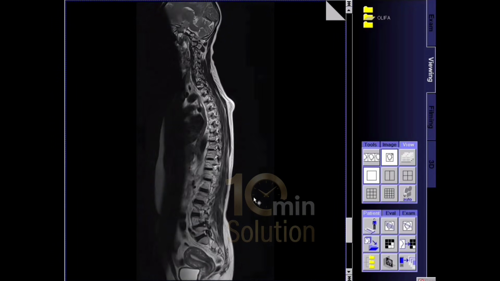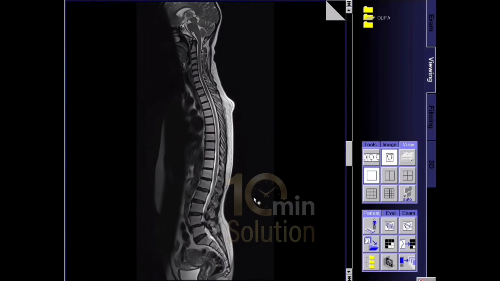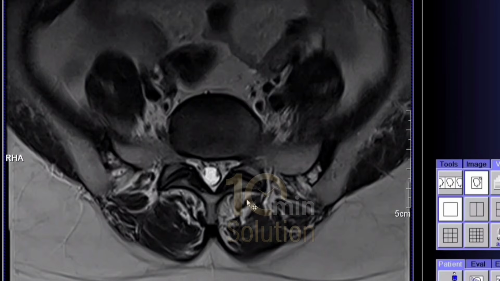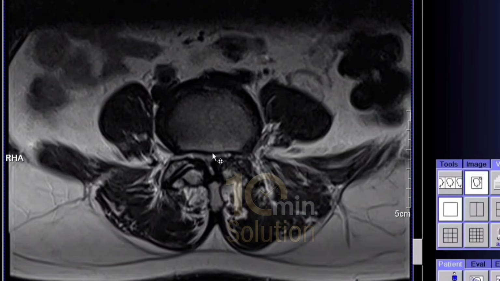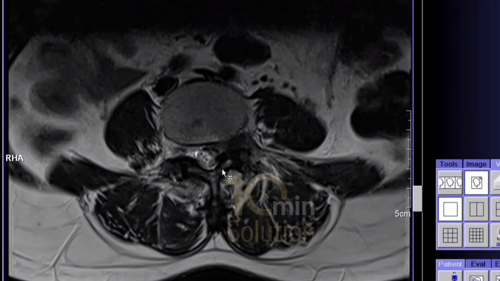Showing here the full spine image. And this is the T2 axial images. Showing here. Look here.